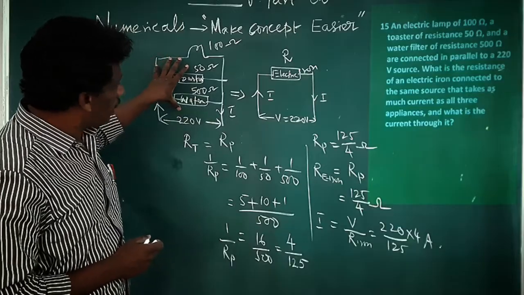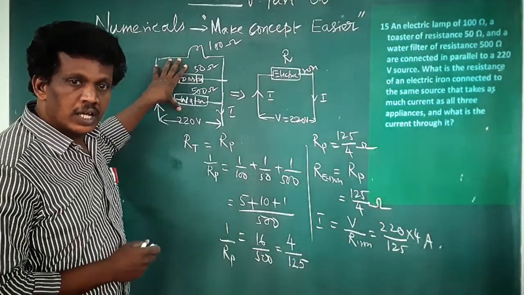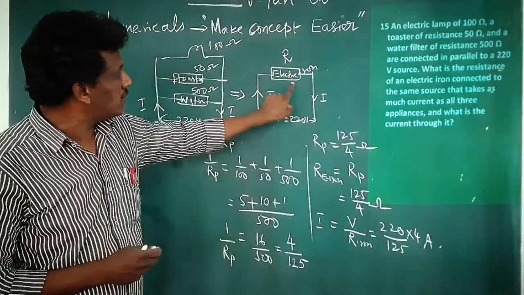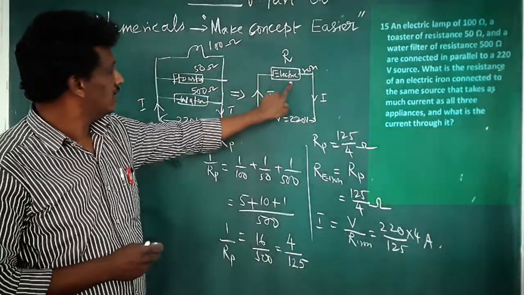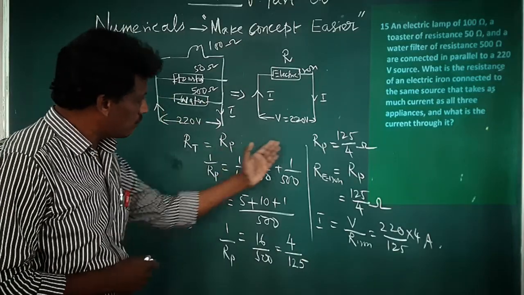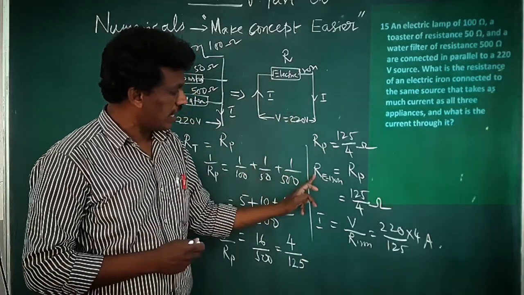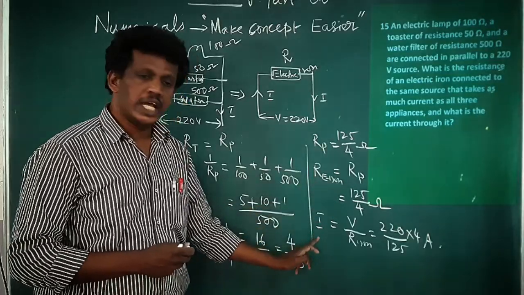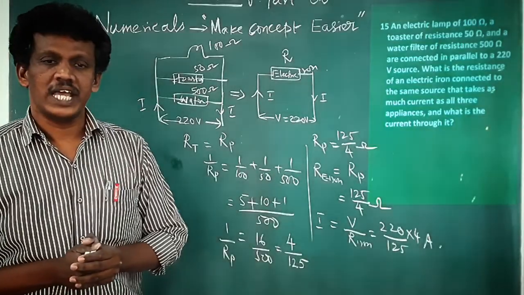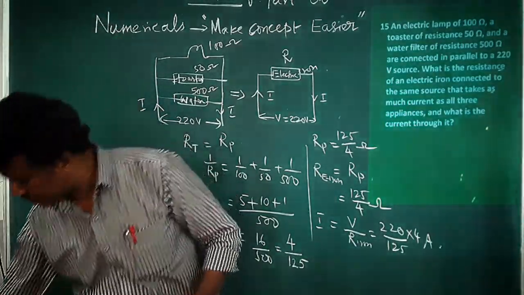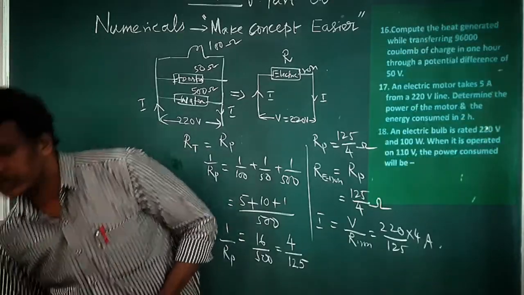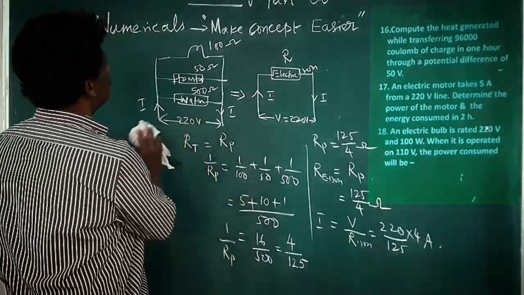Three electric appliances are given and they are replaced by a single appliance, the electric iron. So the equivalent resistance, because of the parallel combination, must be the resistance of the electric iron. What will be the current by Ohm's law? V by R. Yes, I think you can copy it.